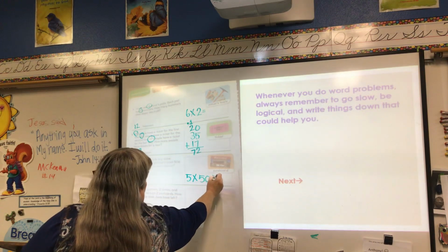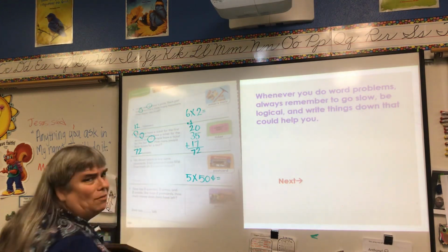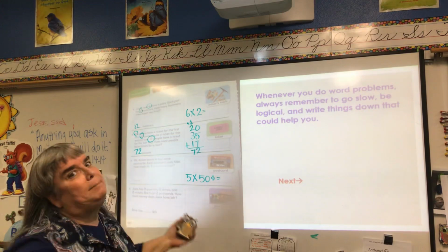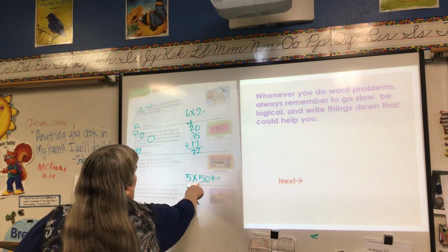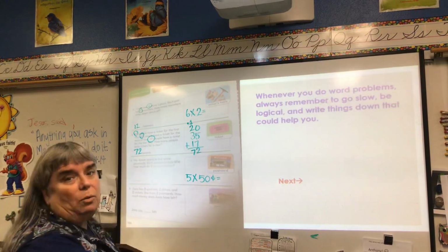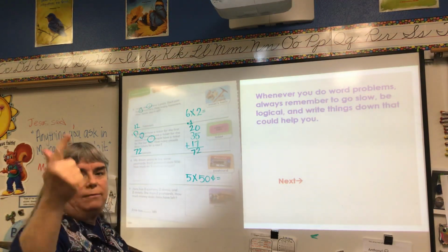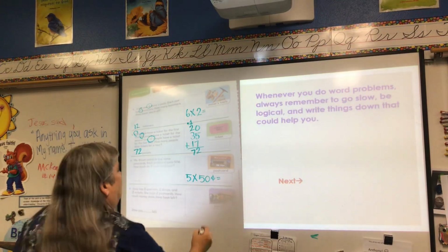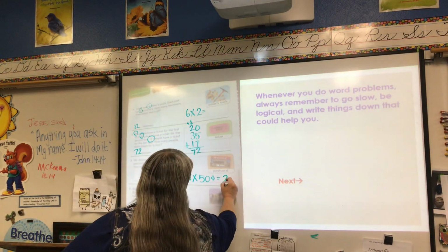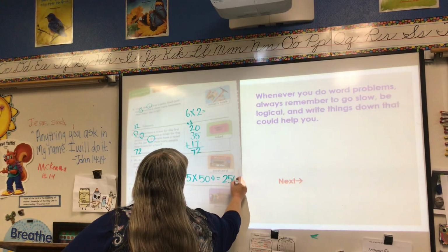Now, what's interesting is you have a basic fact there, but it's a multiplication fact. The basic fact is 5 times 5. So we're going to skip count by 5. 5, 10, 15, 20, 25. Then just add a 0. Exactly.